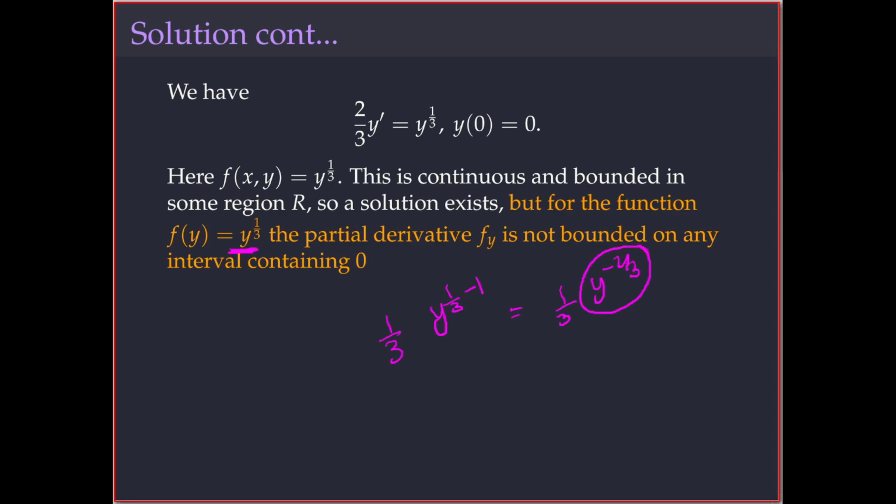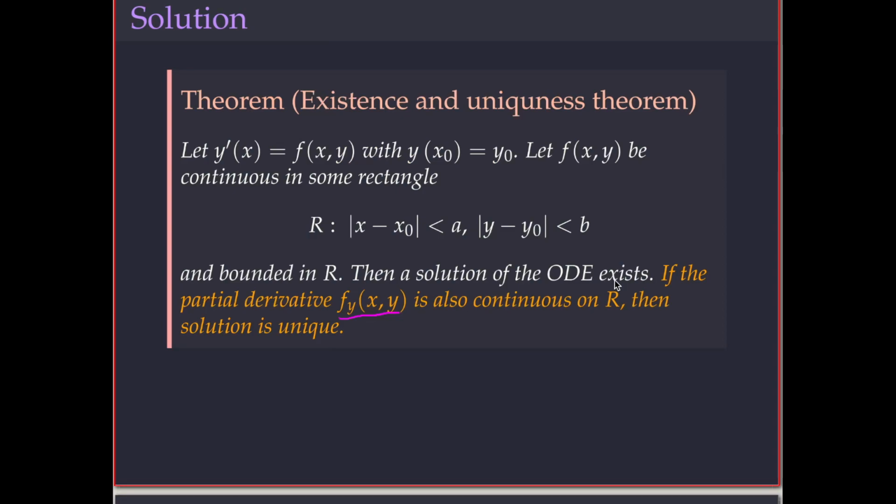And at 0, this goes to infinity, and hence the partial derivative is not bounded. So this thing, being continuous as well as bounded, is also needed.